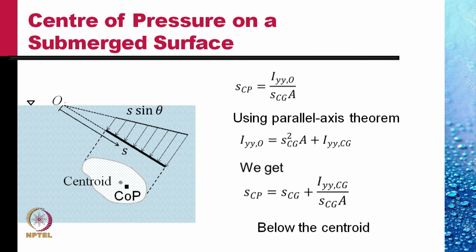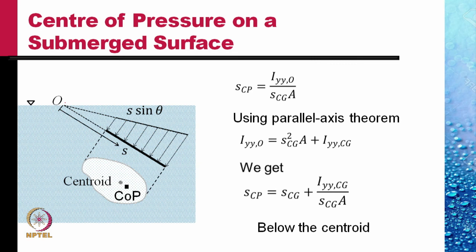The parallel axis theorem says the second moment of area about any arbitrary point O is equal to the distance of that point O from the centroid squared, SCG squared, times the area of the plate, plus the second moment of area about the centroid.